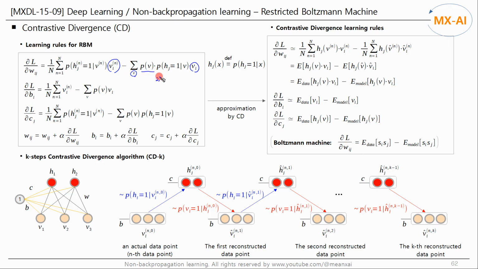For example, if V has 10 features, the number of possible cases for V is 1024. But if V has 20 features, this number increases exponentially to about 1,000,000. If V has 100 features, the number of possible cases for V is nearly infinite, making it impossible to compute.